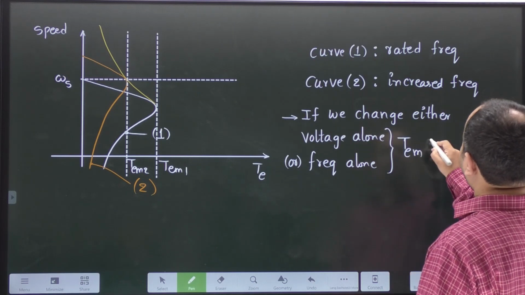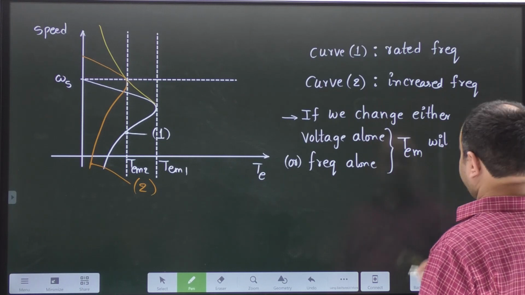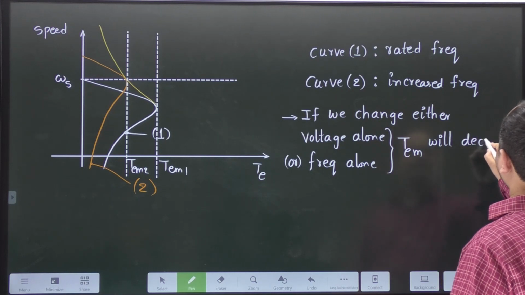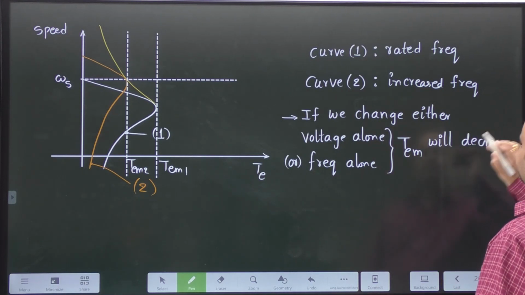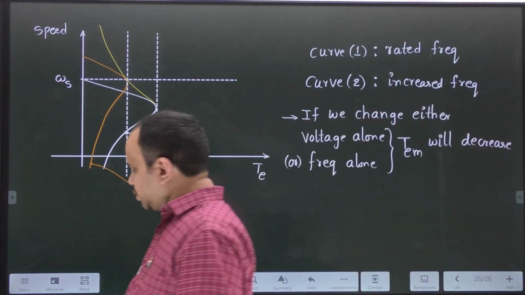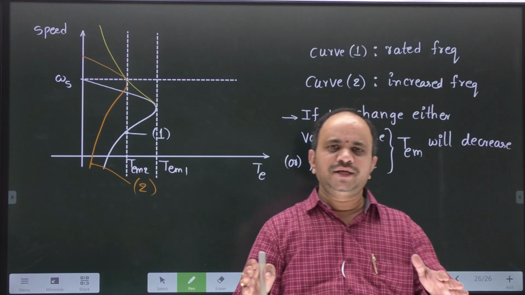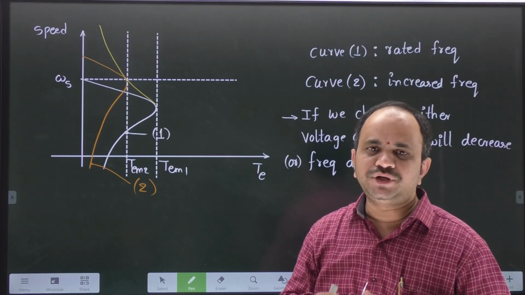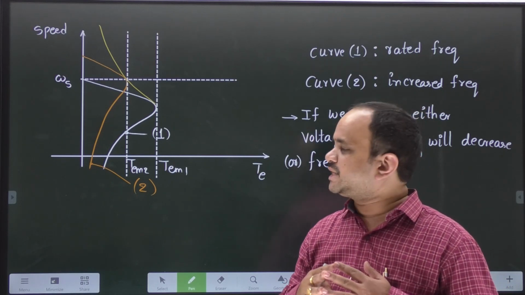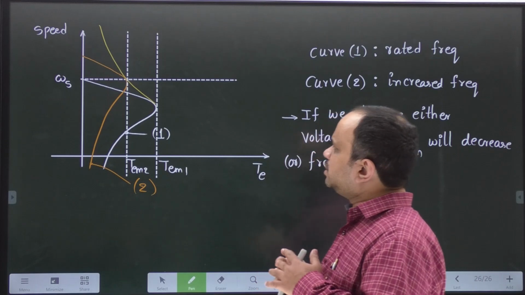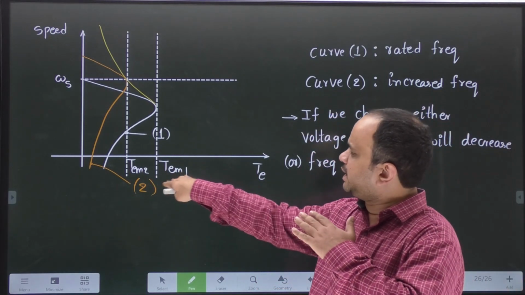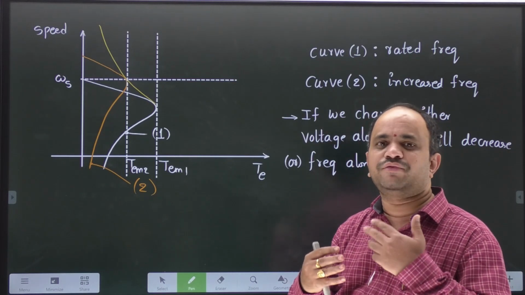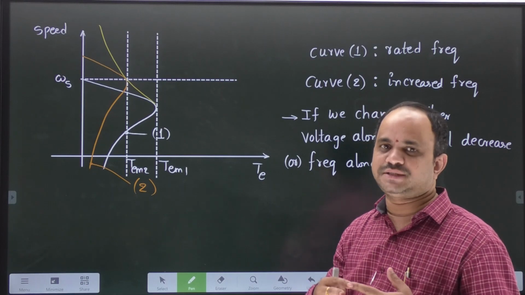Maximum torque developed by the motor will decrease. Okay, so the point here is, in order to maintain approximately the same maximum torque developed by the machine, what we need to control? That is the next question. In order to maintain this approximately constant maximum torque, instead of changing voltage alone or frequency alone, you have to control flux in the machine.